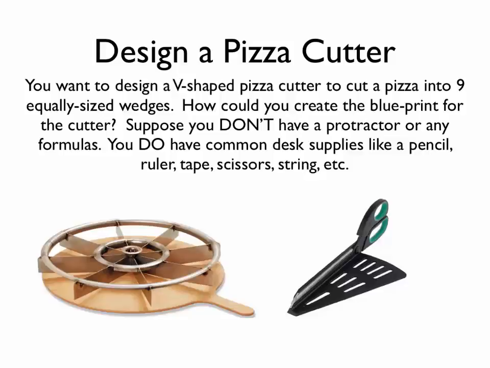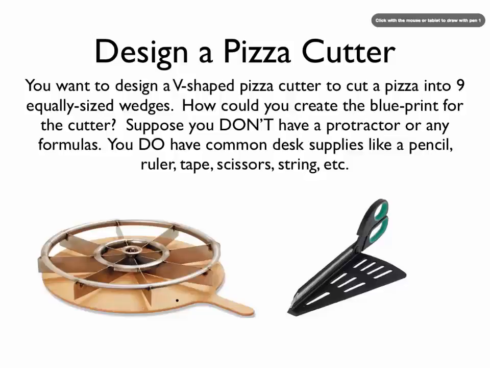So we want to design this pizza cutter to cut the pizza into 9 equally sized wedges. Again, what you have is a pencil, a ruler, tape, scissors, string, things like that. So take 5 minutes. Talk to the person next to you. How are you going to come up with a way to design this blueprint so that you make something like this that will cut exactly 9 equal pieces of pizza?